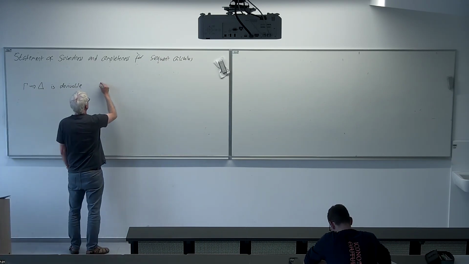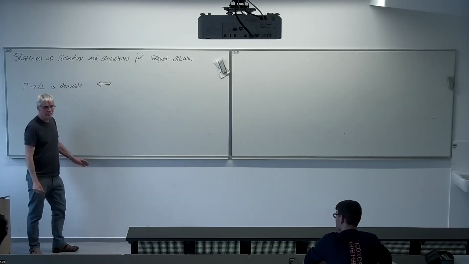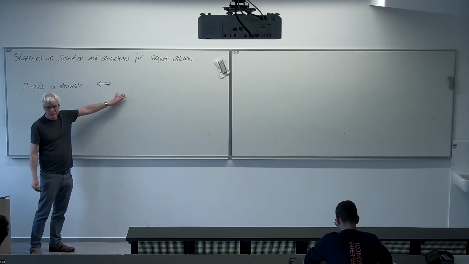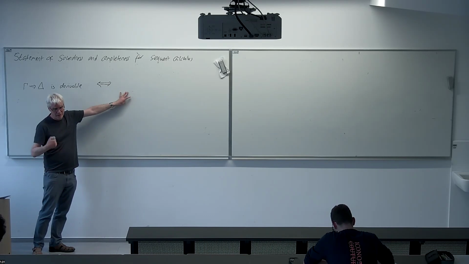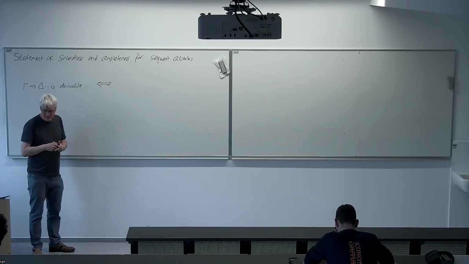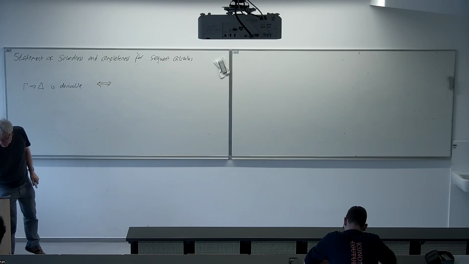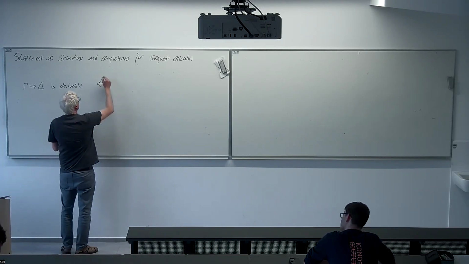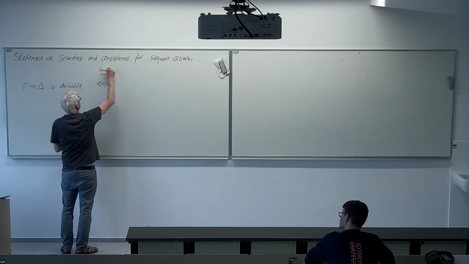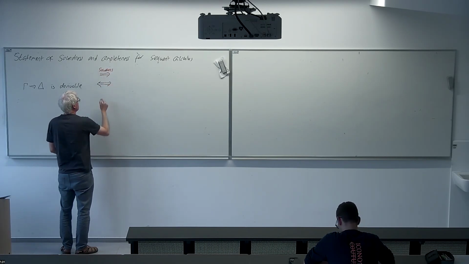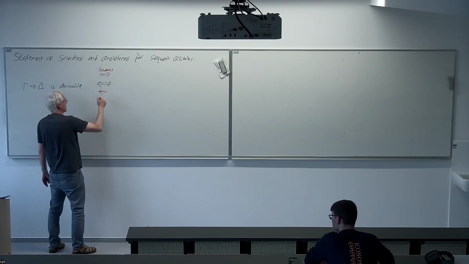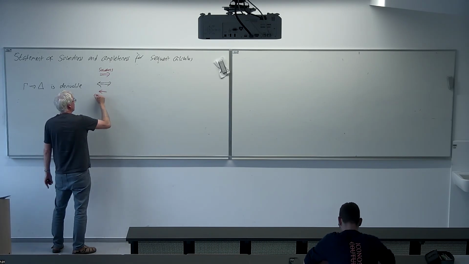And then this holds if and only if the sequent is valid under the expected interpretation. Of course, the left-to-right implication is soundness: provable implies valid. And the right-to-left is completeness.